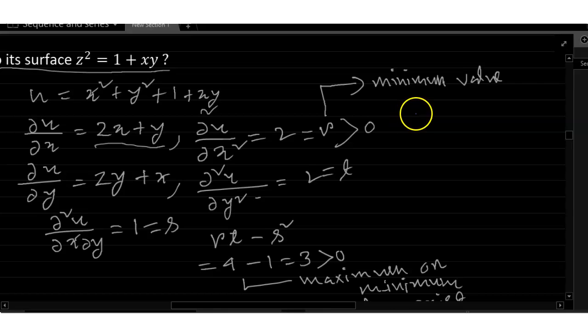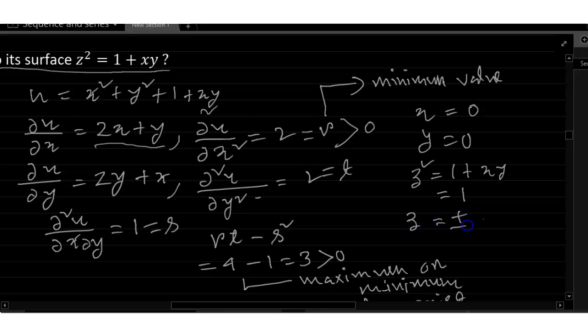Now we will write that. So x equals 0, y equals 0 after solving this, and z equals root over 1 plus z square is equal to 1 plus xy, and it is 1. So z equals plus or minus 1.